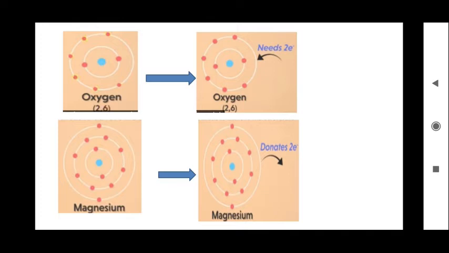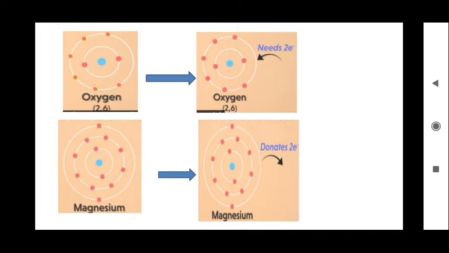So what does magnesium do? Instead of accepting or borrowing 6 electrons, because no one will be giving 6 electrons, since they too need those electrons, none of the atoms will be ready to donate or share 6 electrons. Magnesium, instead of accepting 6 electrons, will donate 2 electrons. Whatever 2 electrons are in the outermost shell, that is the M shell, if it donates them, the M shell will be removed and only the L shell will be left.